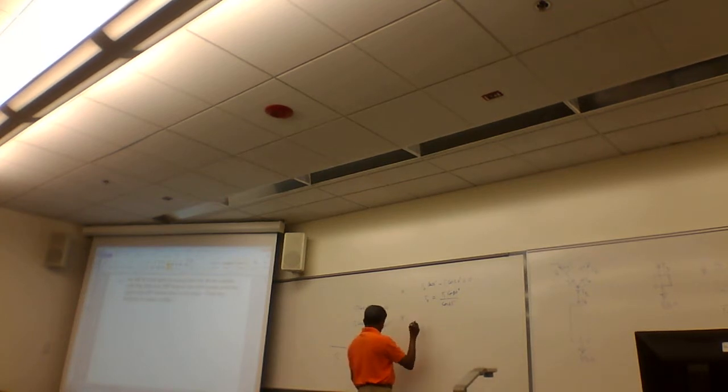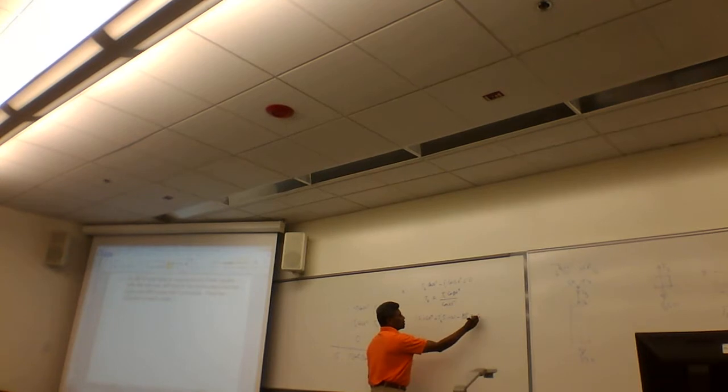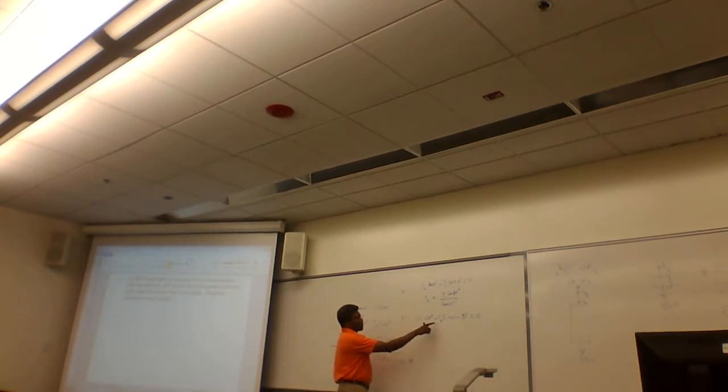Alright, so I'm going to write the next equation for y. That means T1 sine 50 plus T2 sine 25 minus 85. This has to be 0. Now I'm going to come and substitute for T2 in terms of T1.